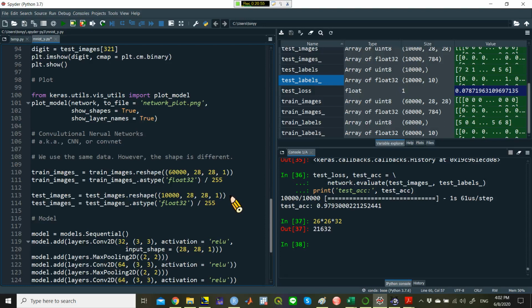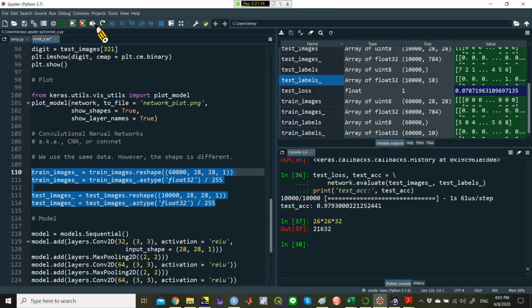When doing convolutional neural networks, the Keras package asks the input to be a rank 4 tensor, so you have 4 elements. The first 60,000 means that we have 60,000 different images. Each one is a 28 by 28 matrix, but the package asks us to have a 4-dimensional input, so for the last element we just put 1 here. Technical issue. Again, for the standardization, we divide everything by 255.